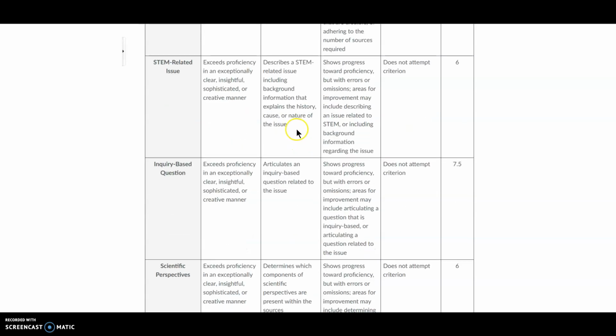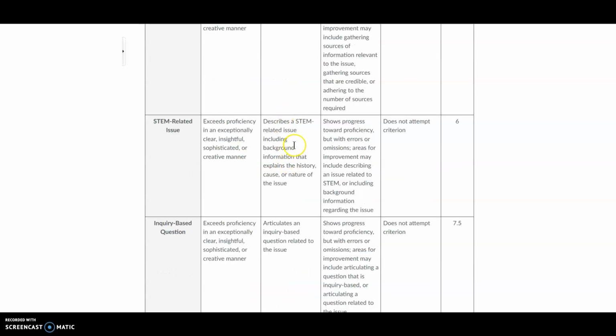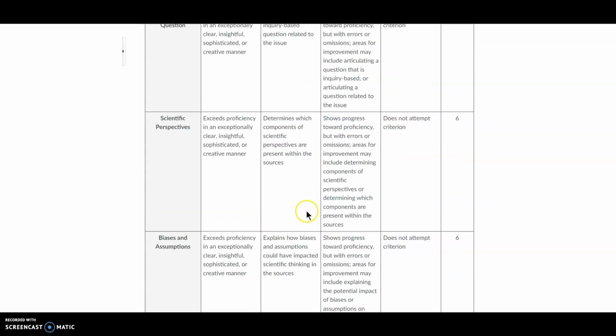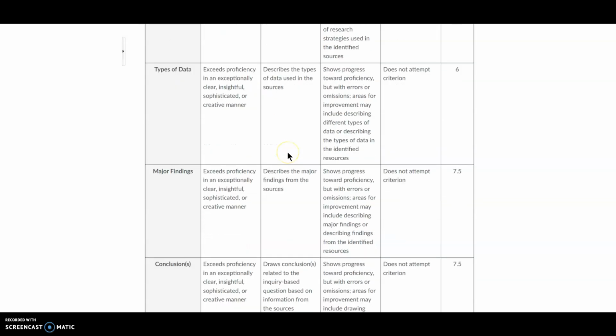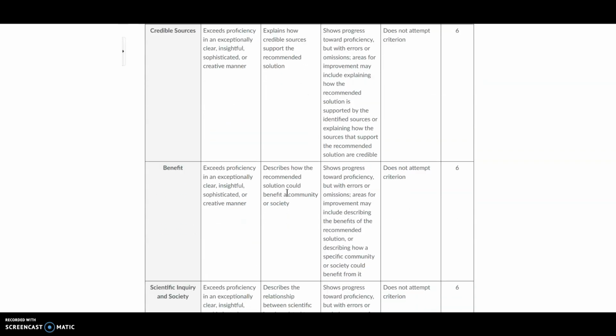So after you are done writing your paper, go through and say, okay, I got my inquiry-based question, check. Oh wait, I forgot to do my scientific perspective. So then you go back in there and you put that in. Anything that you're missing. This helps you double check that you have hit all the major points and that you have everything that you should have for this project.